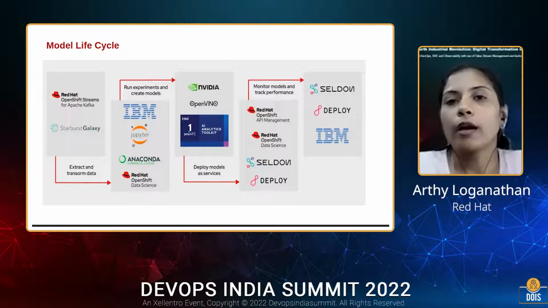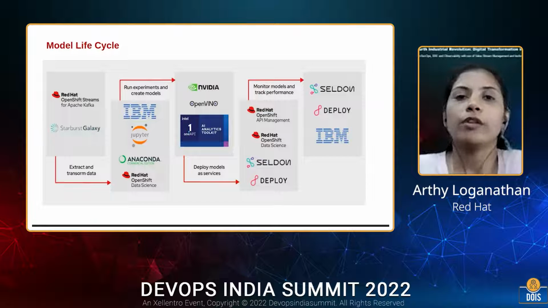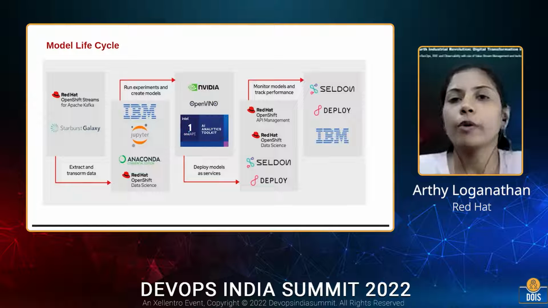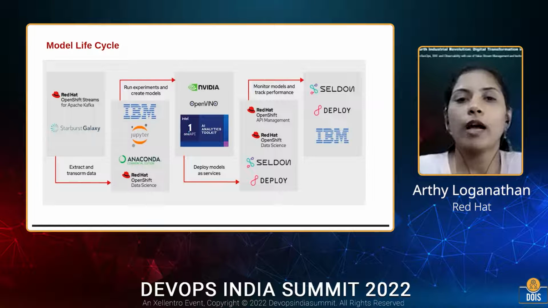And also you have the OpenVINO AI Analytics Toolkit for deploying models as a service. And again, you can use OpenShift Data Science and OpenShift API Management for monitoring models and to track the performance.